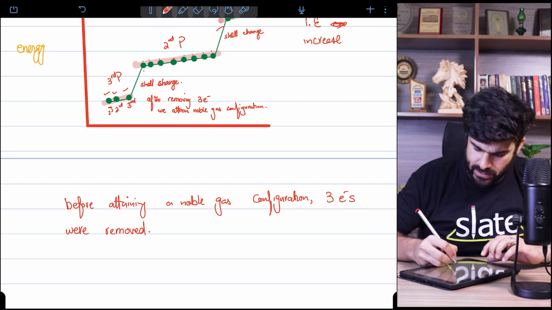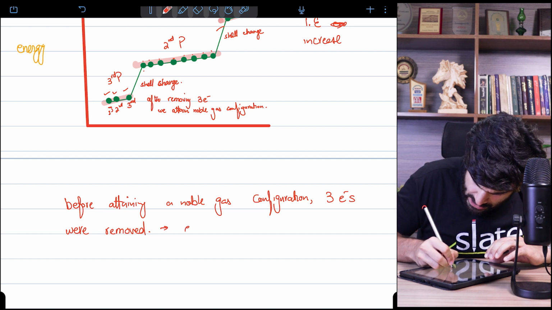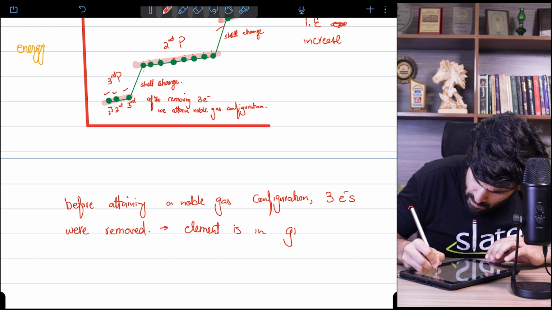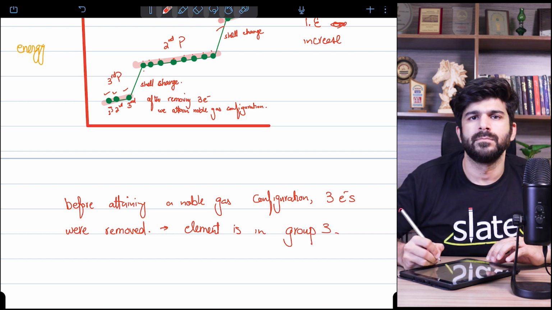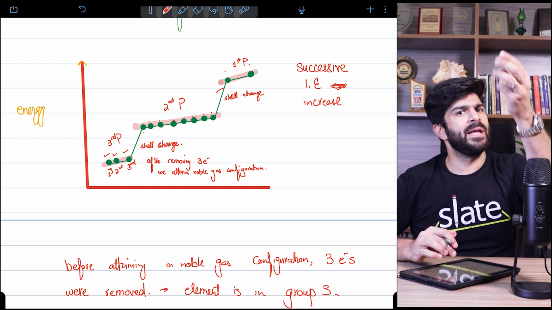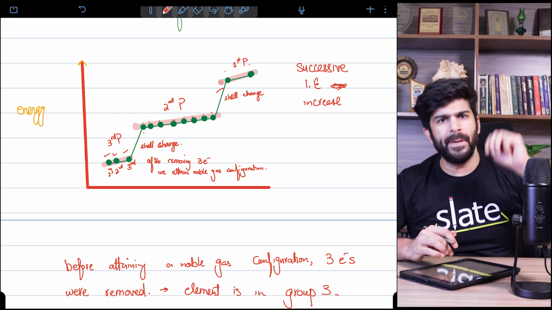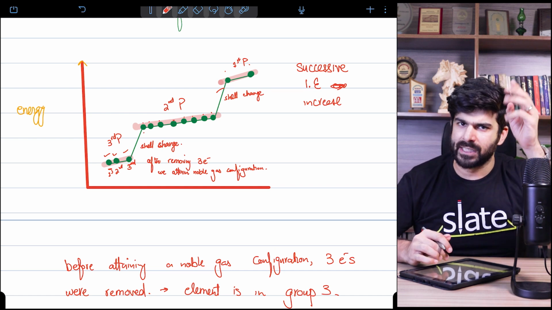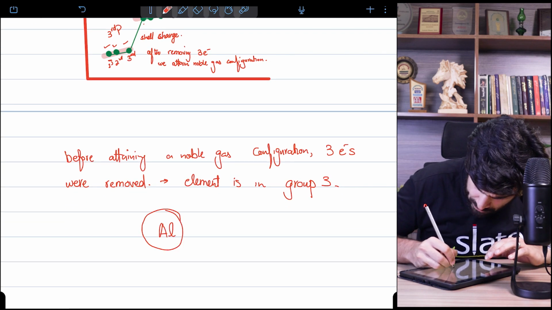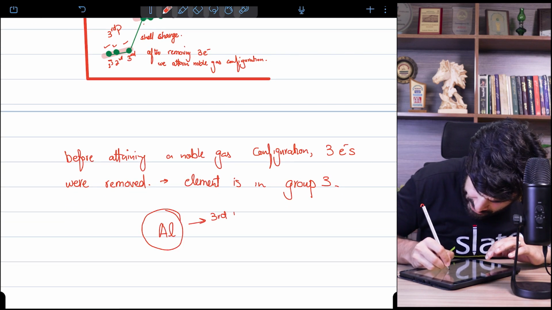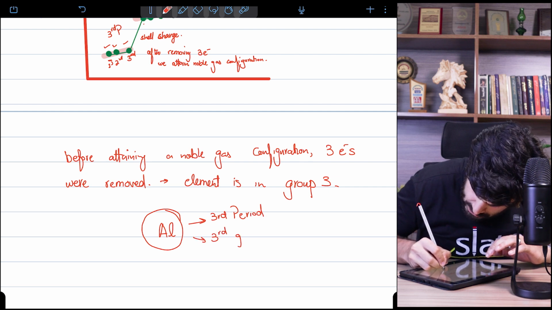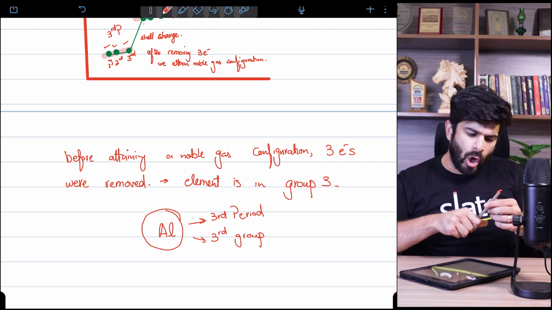So that means the element is in group 3. So group 3 because 3 electrons and 1, 2, 3, 3 periods. So third period and the third element. So this is aluminum. Third period, third group.